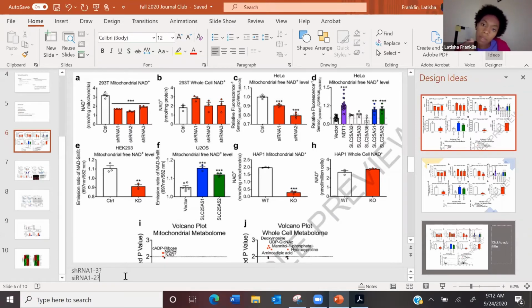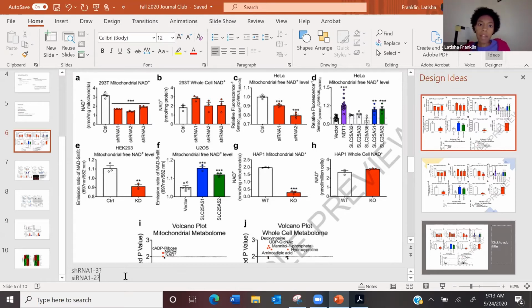I feel like they probably got these from a screen of some sort. When I read through the paper, we'll figure that out. But SLC25A51 and SLC25A52 are comparable to the positive control, and they have statistical significance.